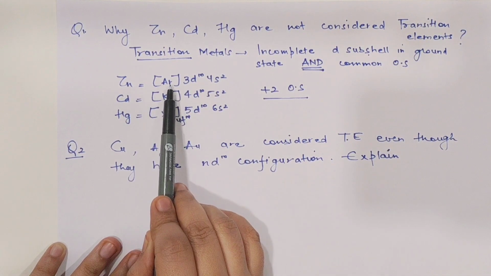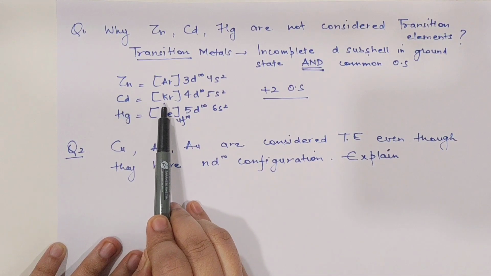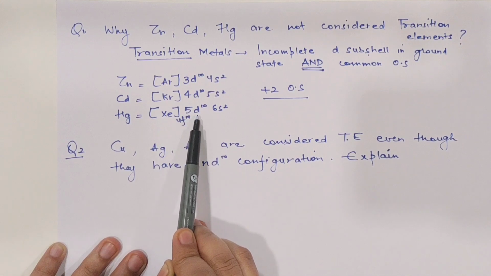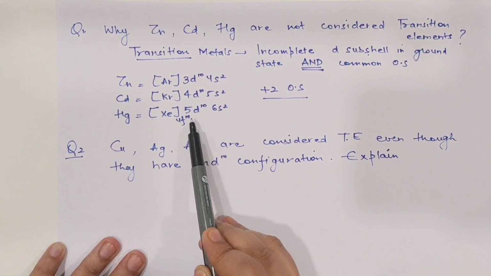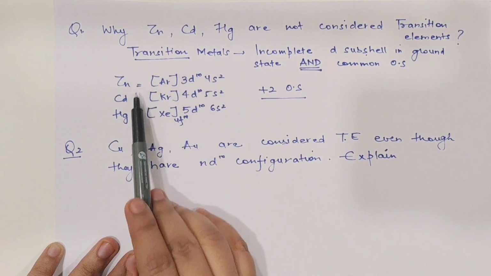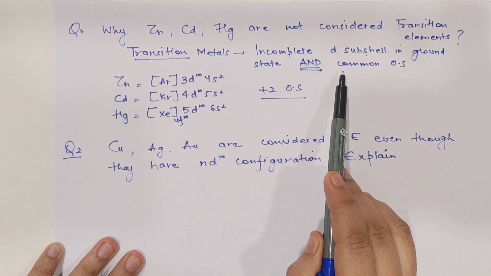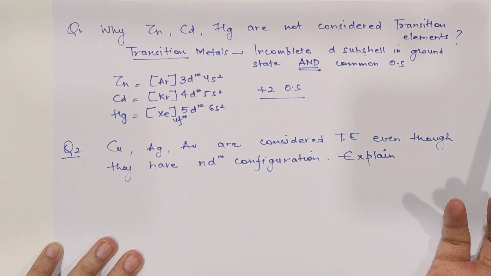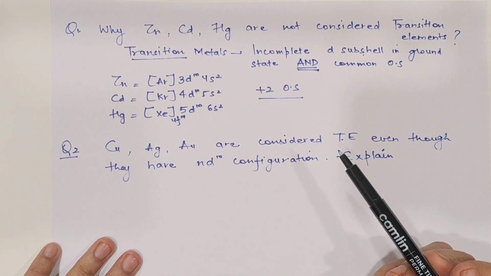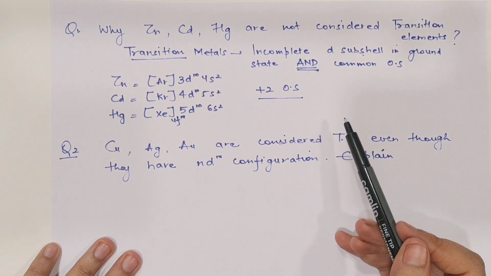So zinc would be argon 3d10, cadmium would be krypton 4d10, mercury would be xenon 4f14 and 5d10. The D orbital would still be filled, right? So these three elements do not meet the condition which we have for transition metals. That is why these three are not considered transition elements.